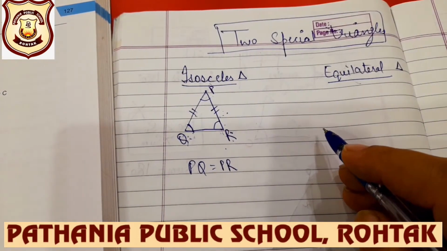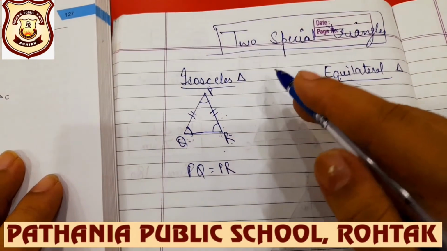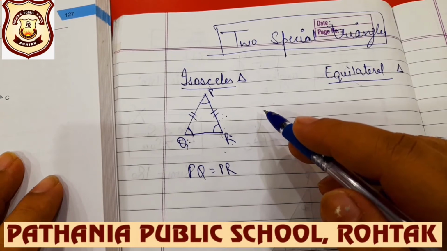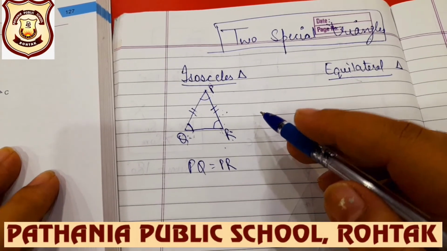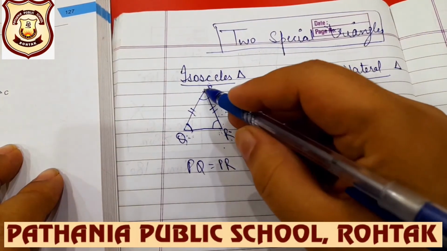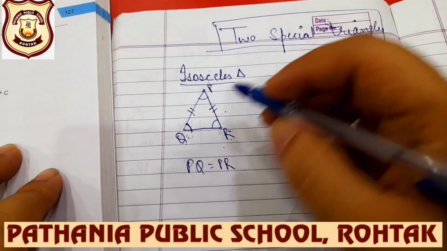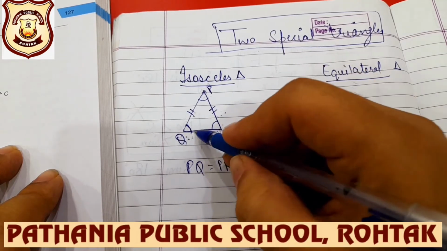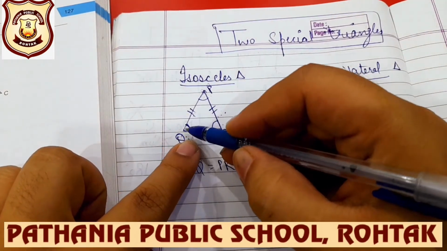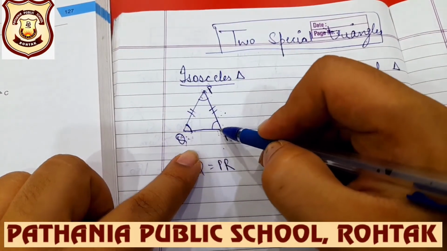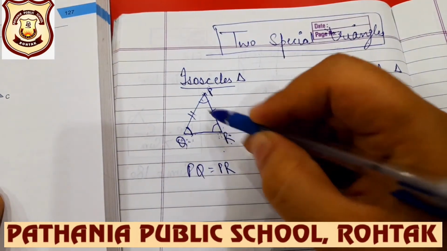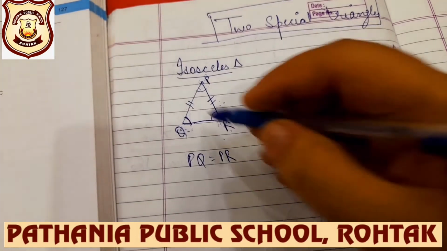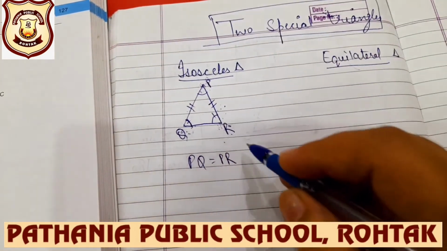Clear? So according to the property, angles opposite to equal sides are equal. See, PR is equal to PQ, right? So the angle opposite to PR is Q, and the angle opposite to PQ is R. According to the property, angles opposite to equal sides are always equal.